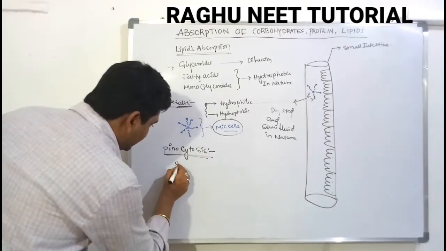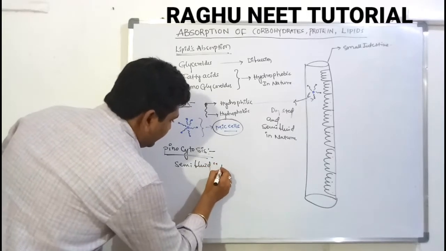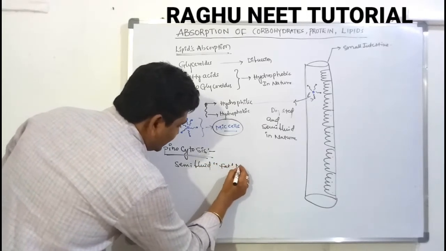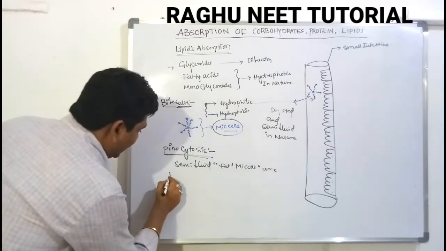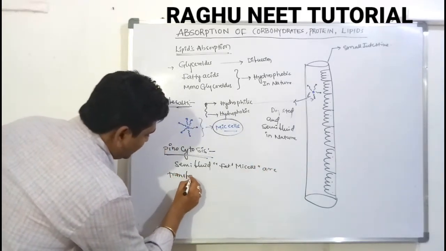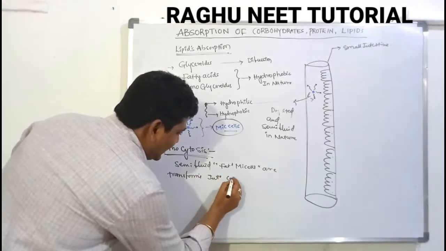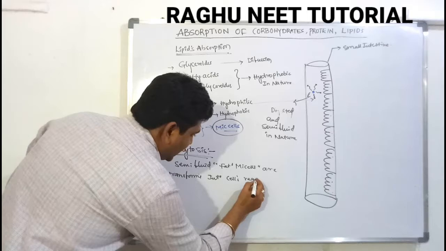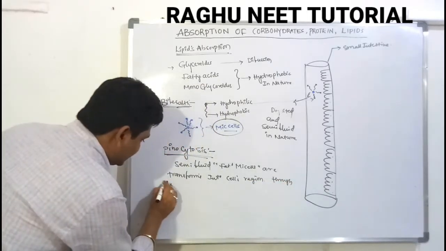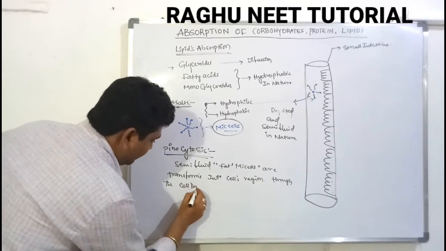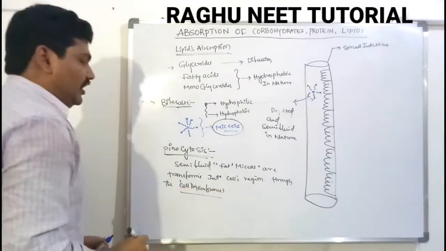The semi-fluid fat or micelles are transported into the cell region through the cell membrane. This process is called pinocytosis.